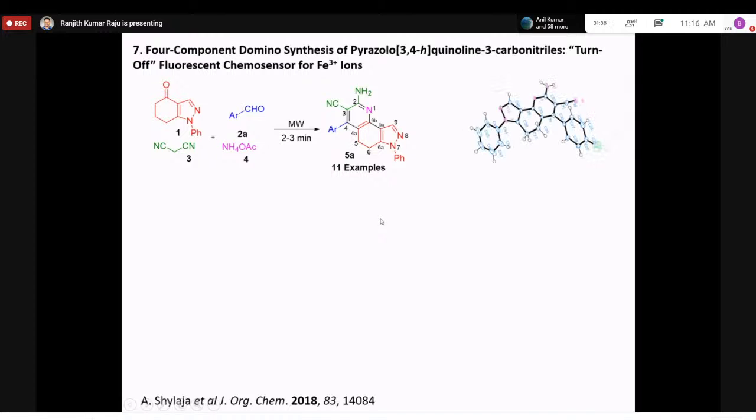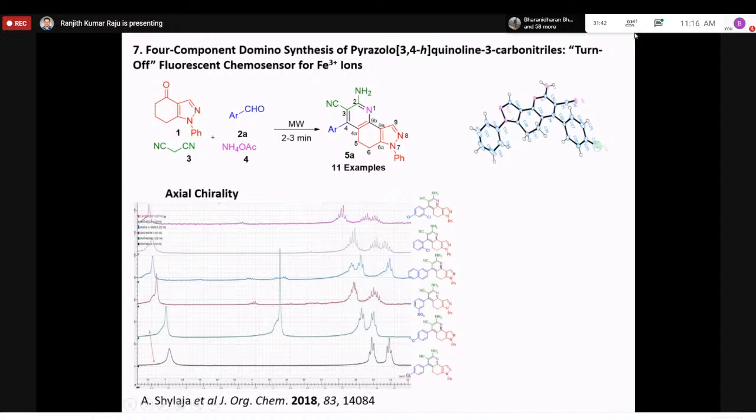So in these cases, again we observed the same axial chirality in ortho-substituted ring systems. So initially in the para substituted aryl rings, we got two triplets for the two CH2s, this 5 and 6 CH2s.